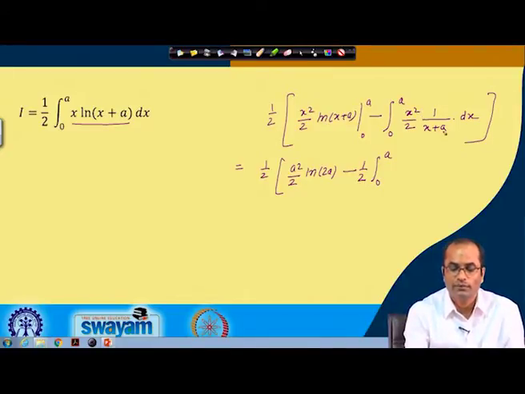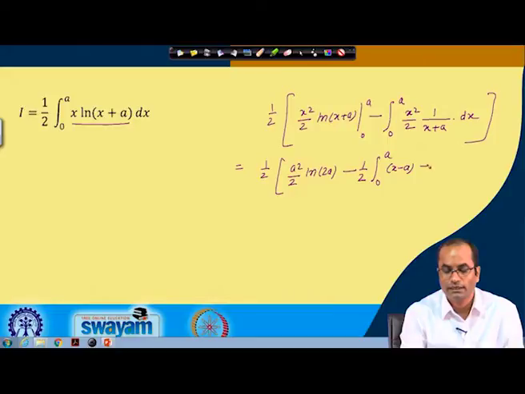So, this x square minus a square will become (x minus a)(x plus a). So, x plus a will get cancelled. So, you will get x minus a here, and then there was a term plus a square, over this x plus a, and then dx.